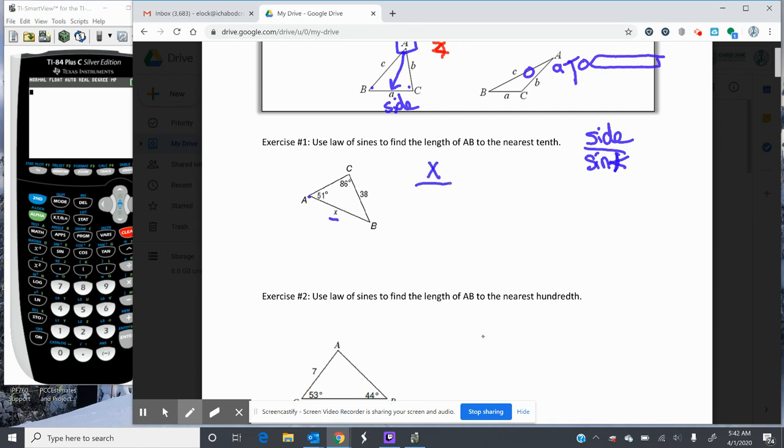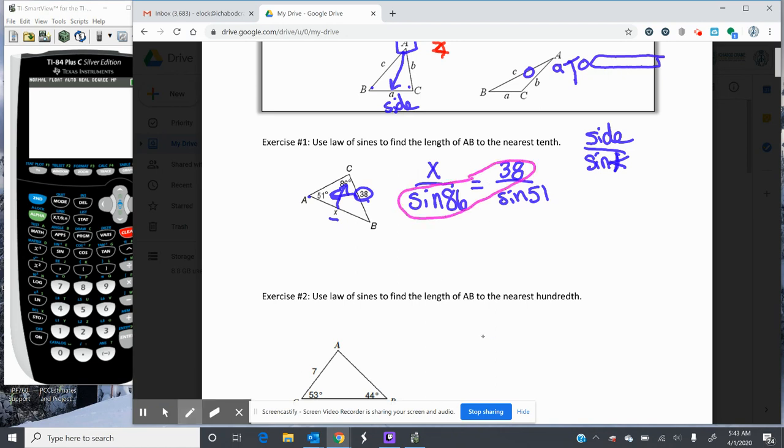That's going to be x over sine of its angle opposite, sine of 86. And remember, that's some decimal equivalent. We just don't know yet. Next is going to be the side 38 goes into our numerator over sine of its opposite angle, 51. And from here, we're going to cross multiply.